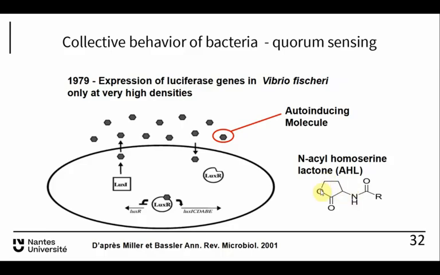If this O was an OH, that would be serine, but it's homoserine. It has a cyclic group here, and it's N-acyl, with the R function here being different between different bacterial species. However, this is a small hydrophobic molecule that can freely diffuse across bacterial membranes.